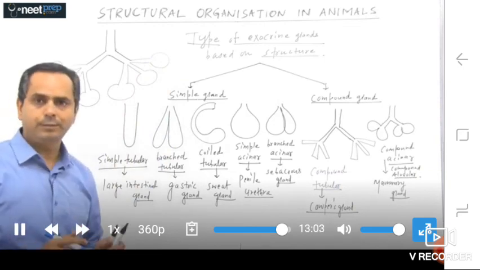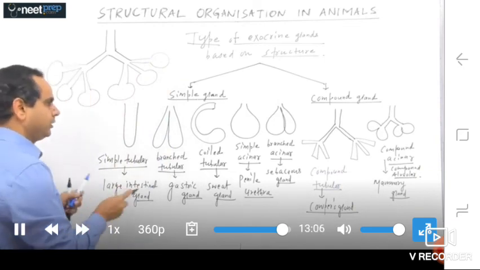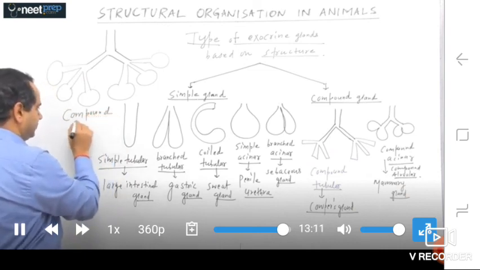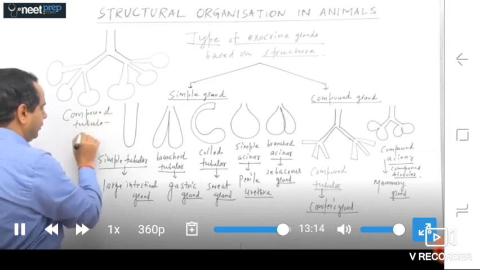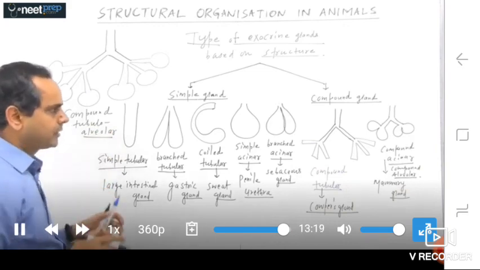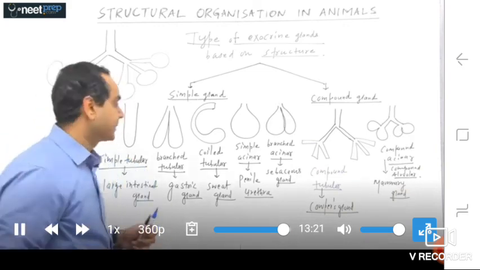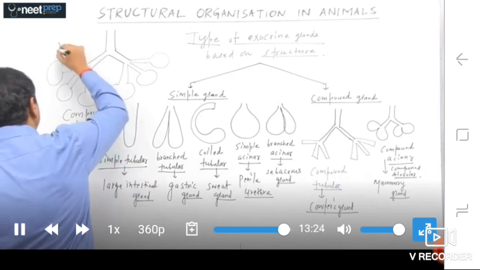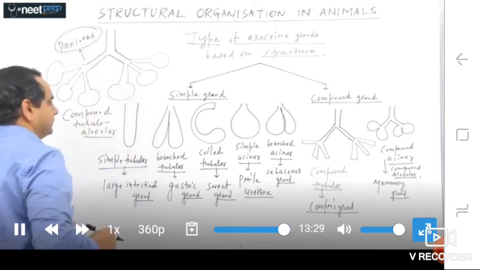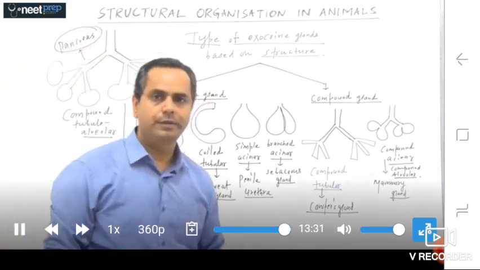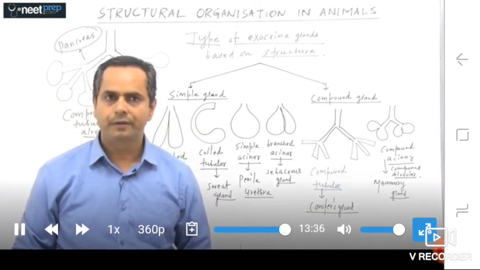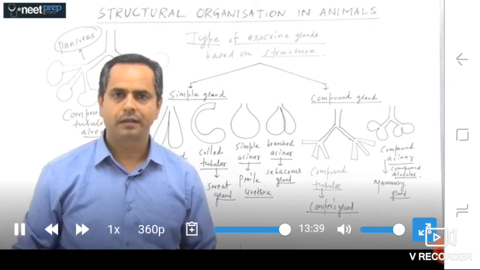And this type of gland is called compound tubulo-alveolar, and this is the most complex glandular structure that is present in pancreas. That is called compound tubulo-alveolar gland. So that's all about the different types of glandular structure and their classification.